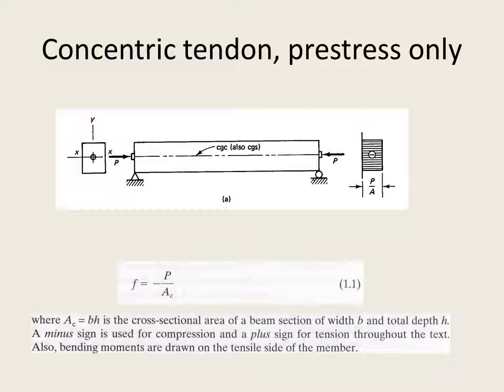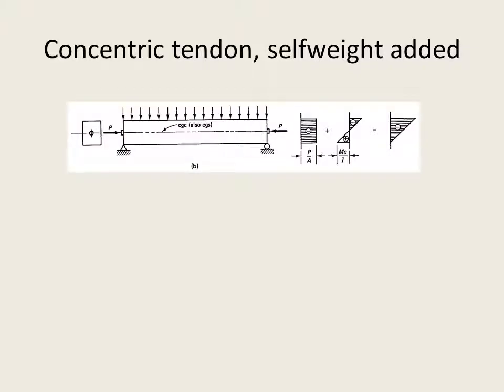So again, compression is negative. Okay, next, let's add the self weight. Obviously the beam has weight. As you can see here, you have the cross section, concentric tendon.